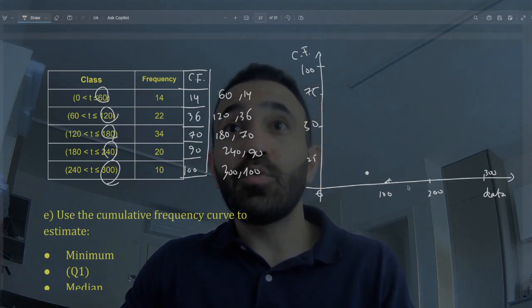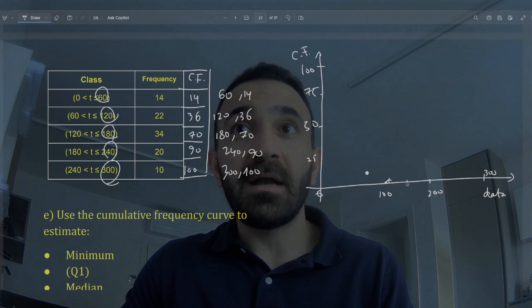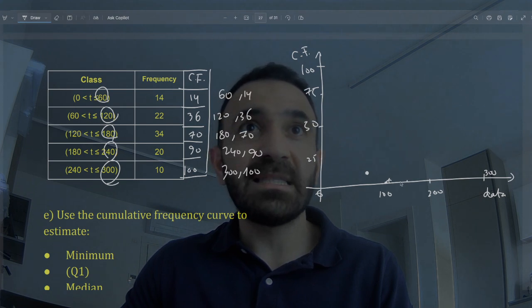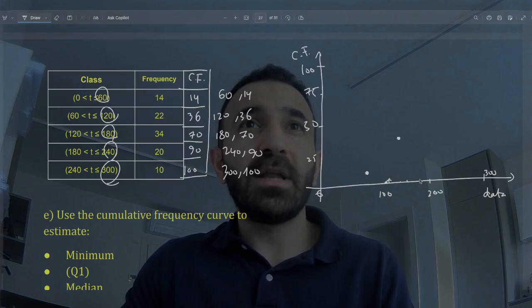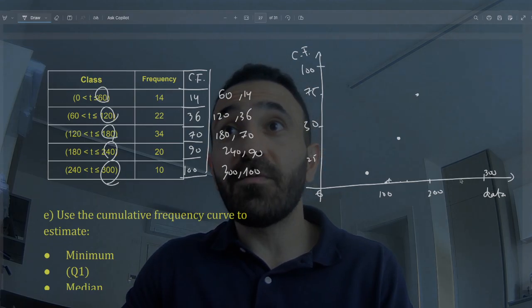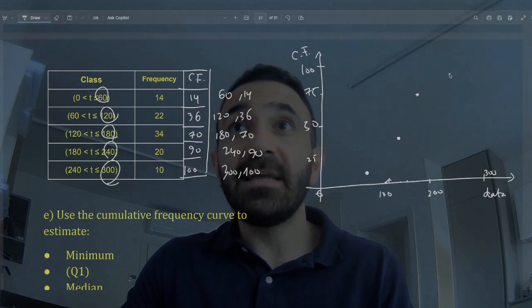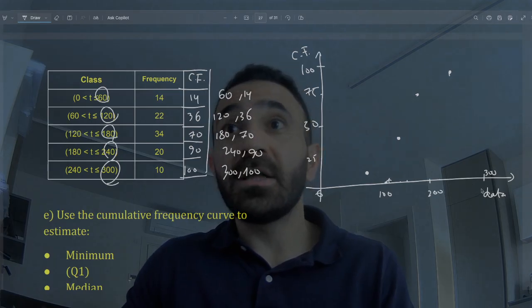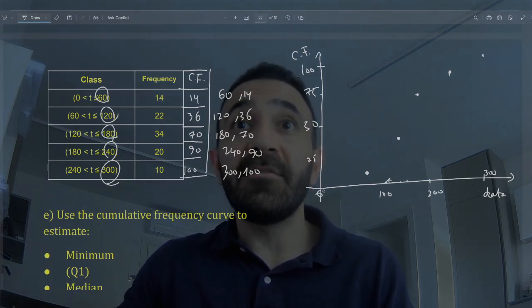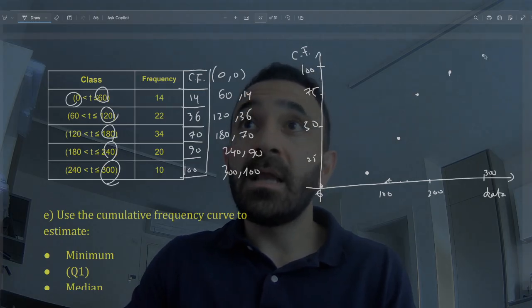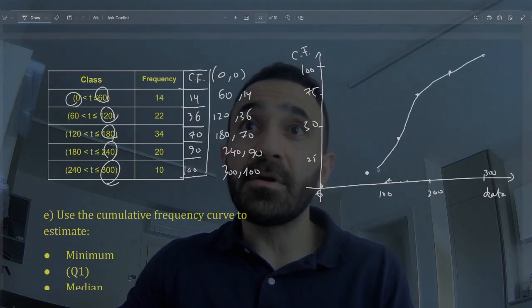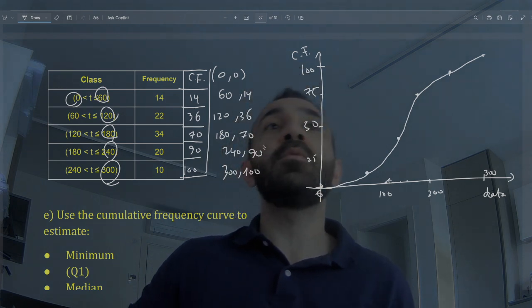Then 120 and 36. 120 is here, or maybe it's here, and 36 is here. 180 and 70, it's here. 240 and 90, and 300 and 100. The very first point is also 0 and 0. So now I'm going to make an S-shape curve here. This is the cumulative frequency curve.